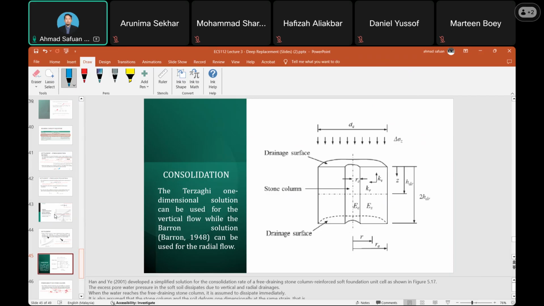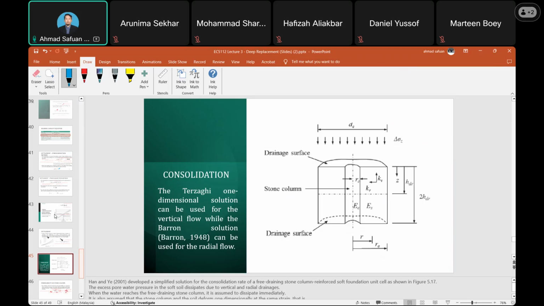To estimate how long the process of consolidation takes, you need to differentiate: settlement is the magnitude of deformation, while consolidation is the process. Consolidation we justify based on time, while settlement is based on displacement, in meters or millimeters.